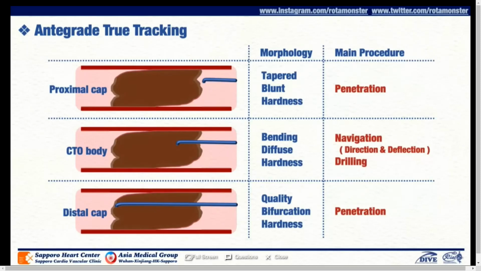Whatever the lesion morphology, as the proximal cap and the distal cap, we perform penetration with the guide wire. The CTO body, depending on the lesion condition, either navigation with direction and deflection control, drilling, or a combination of both will be selected.